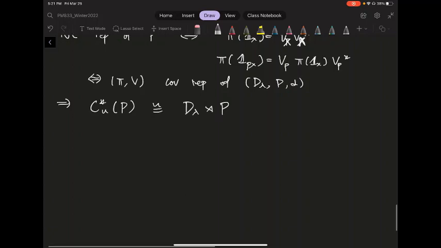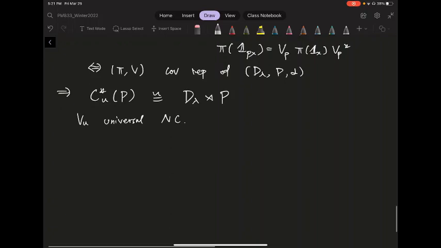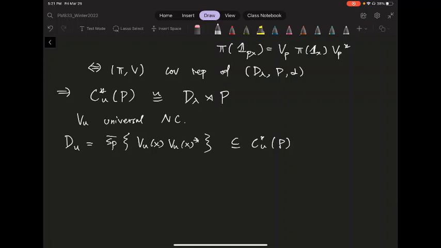If you consider V^U, the universal Nica covariant representation, you can consider the diagonal algebra, let's say D^U, spanned by all these V^U_x V^U_x star, sitting inside the universal C-star algebra of the semigroup.